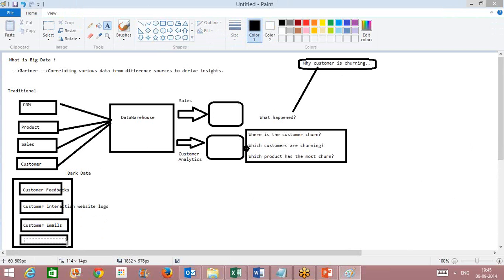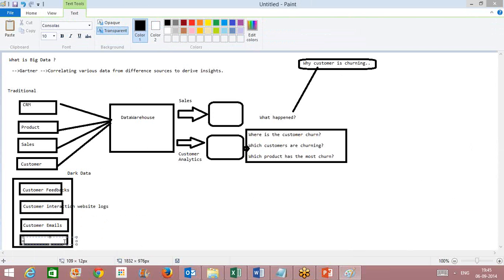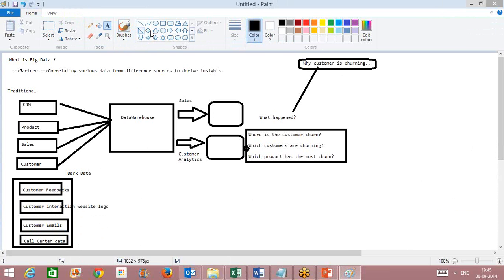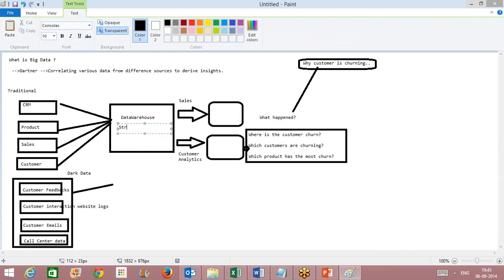So we have the customer emails and then we have the call center data. Now you can start bringing this data also into the warehouse. But the problem with the warehouse is that it is structured and this data is all unstructured. So this is all structured data and you have an RDBMS kind of structure.